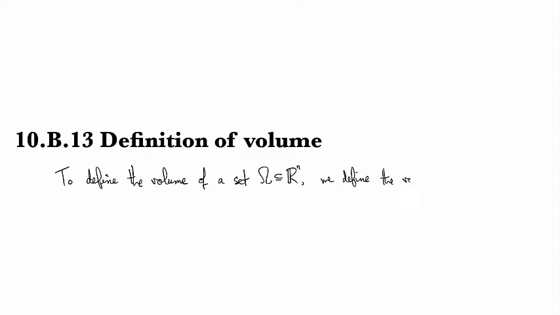So we're going to talk about what determinant means in terms of volume. To make that precise, we actually need to define volume. So to define the volume of a set omega in Rn, we define the volume of a simple set.